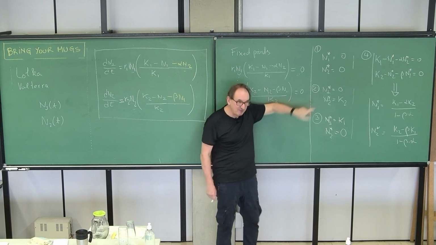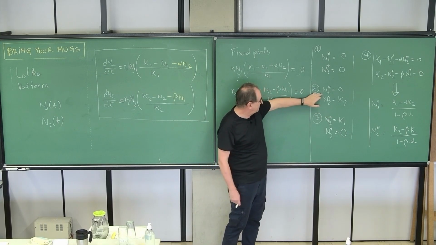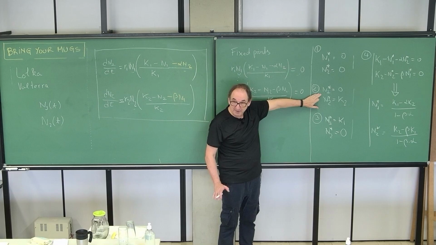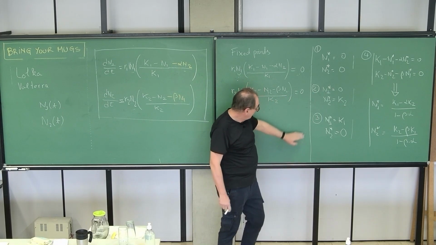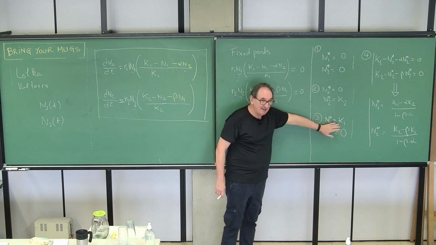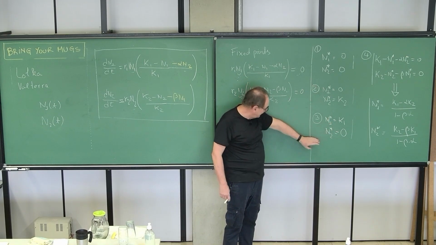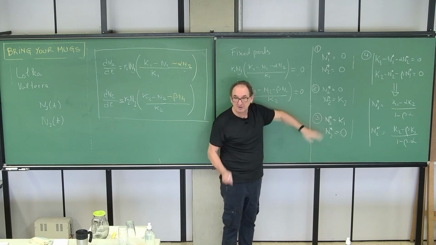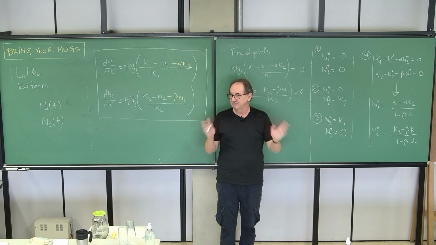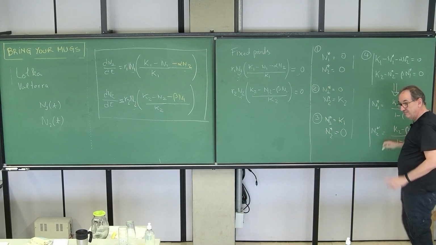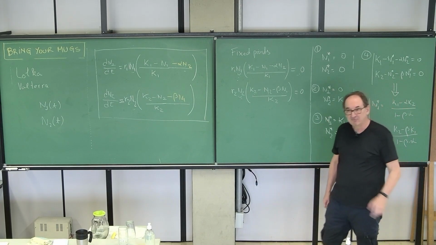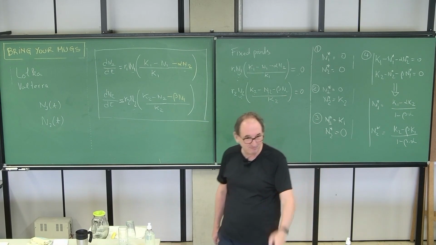I mean, if you get to this point, n1 disappeared, and n2 is at the carrying capacity. N1 equal to K1 means the symmetrical case: n2 disappeared, and n1 got to the carrying capacity. And then you have this one, where both of them are different from 0. That's coexistence. Okay?